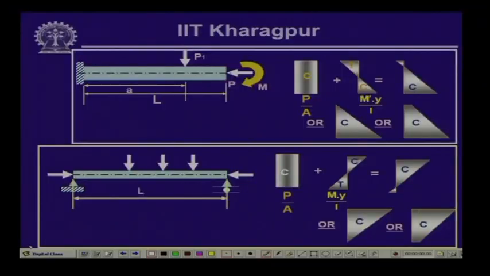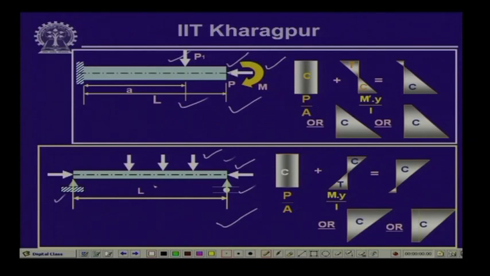In the last lesson we looked at cases with a cantilever beam or simply supported beam, or any such member supported at suitable supports and subjected to axial load as well as transverse load. Here you have the axial load, the transverse load, and the moment as well.